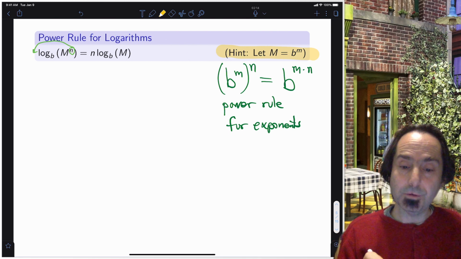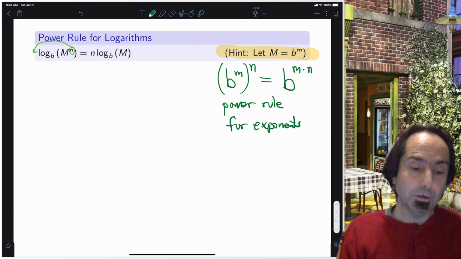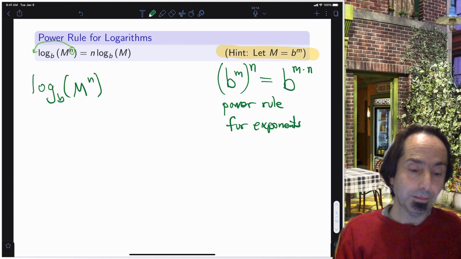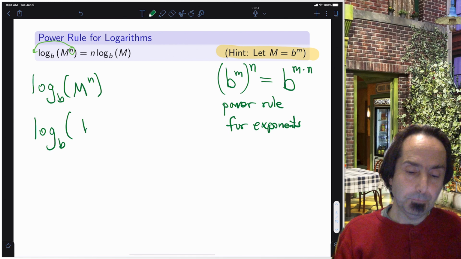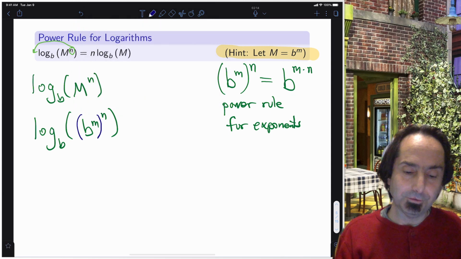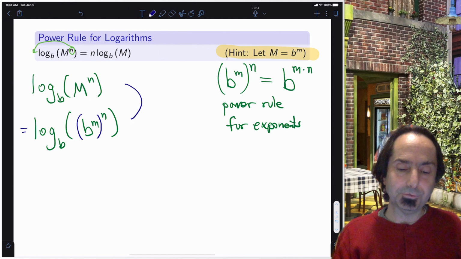And so we're going to rewrite log base b of M to the n. Well, I can just rewrite that as log base b of (b to the m) to the n, and I'm going to emphasize that with parentheses like this. And those are equal because this is just a substitution.